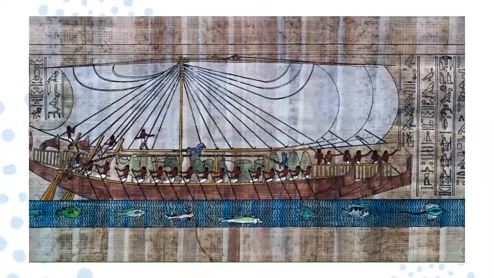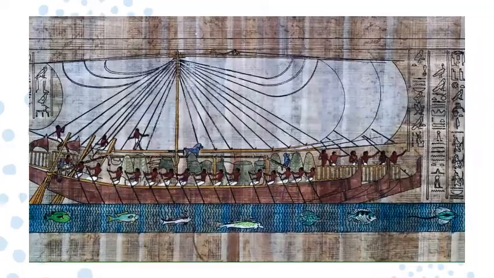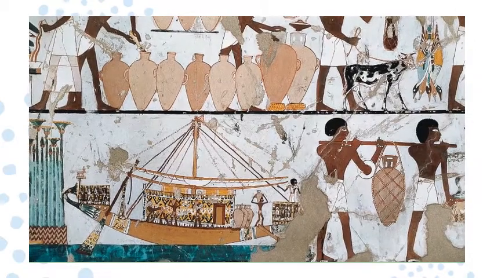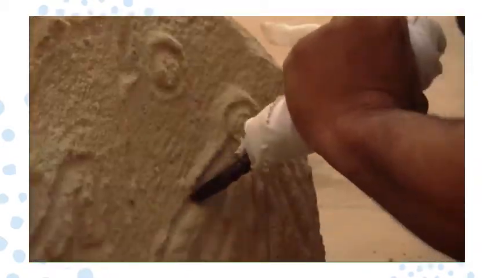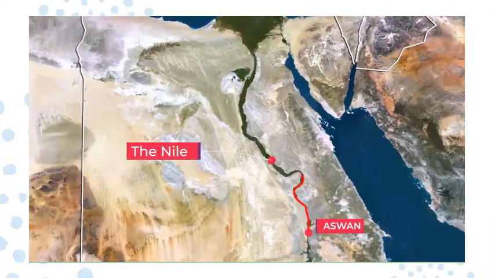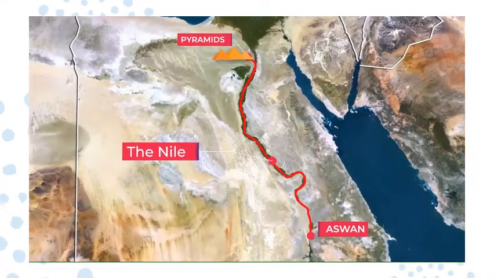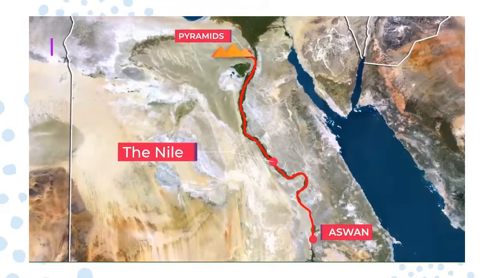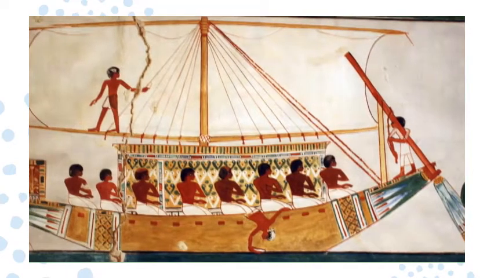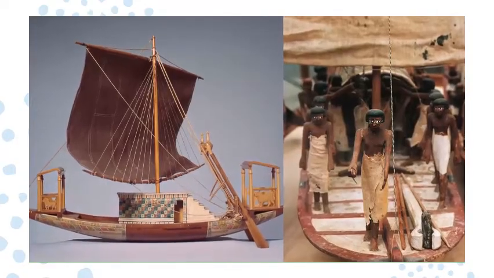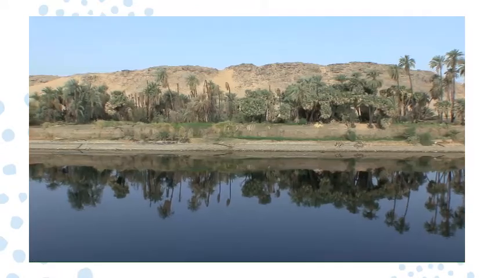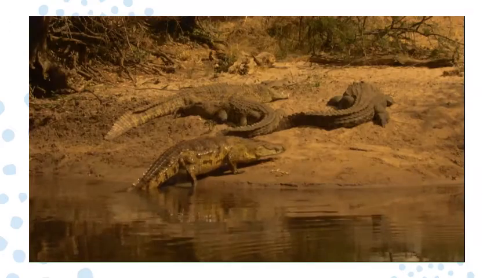There were bigger boats with sails for carrying animals, plants, food, and things for sale, and for taking heavy stones for building from Aswan all the way up to the pyramids. Do you know how far that is? Almost 1,000 kilometers. The journey took about 2 weeks when the water was high and fast, but almost 2 months when the water was low and slow.